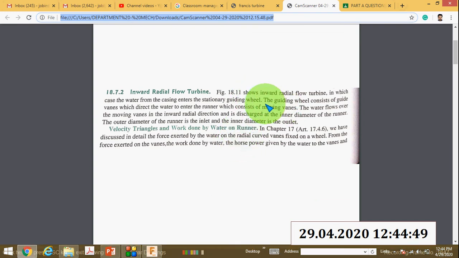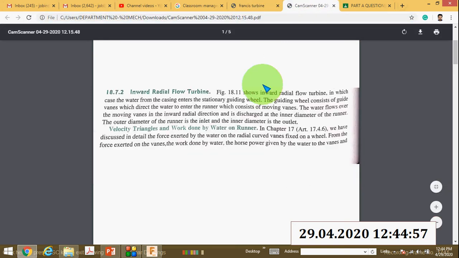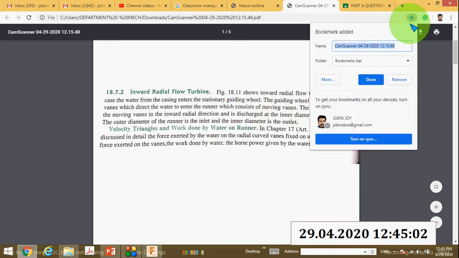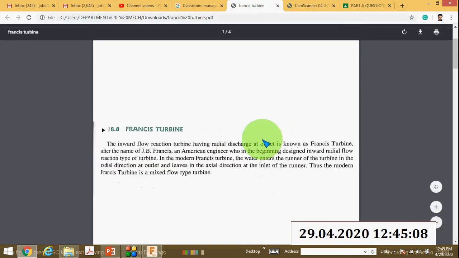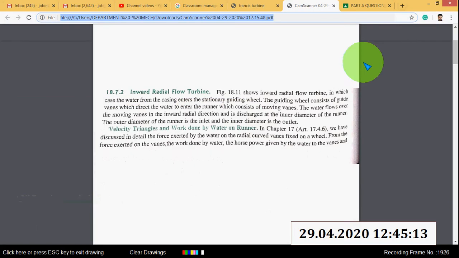So the guiding wheel consists of the guide vanes, which direct the water to enter the runner, which consists of the moving vanes.